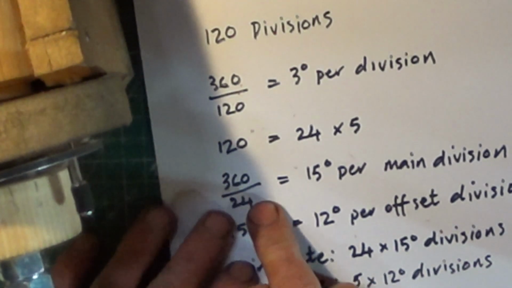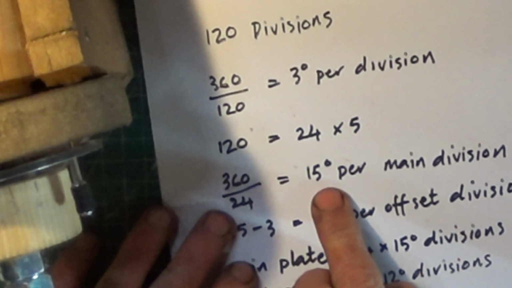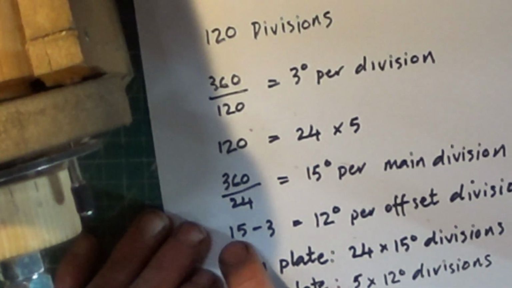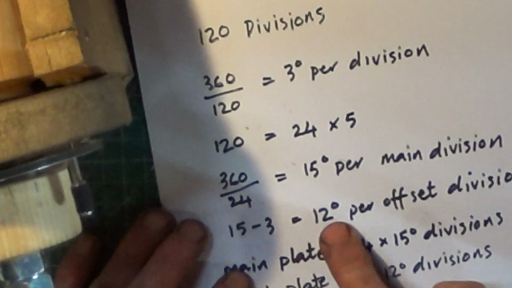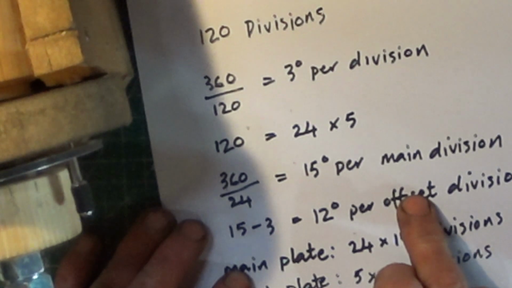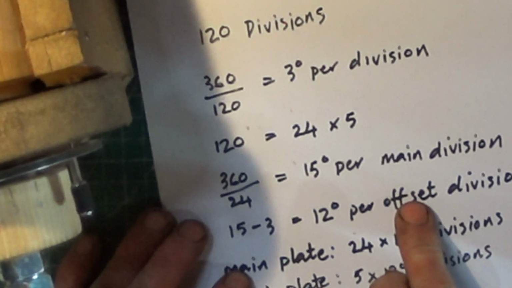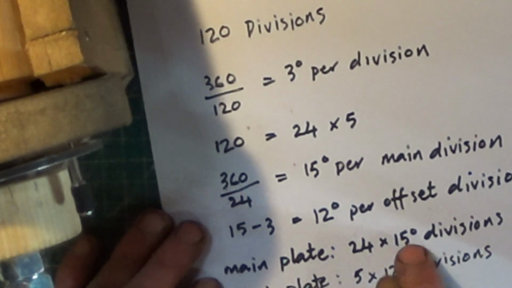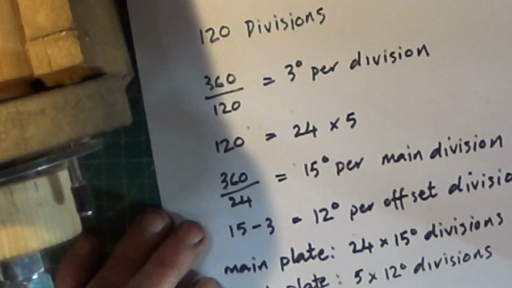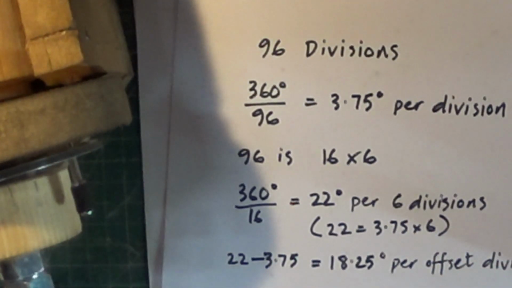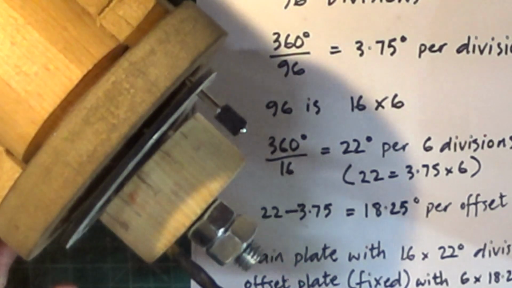Now, 360 divided by 24 is 15 degrees per division on the moving plate, and 15 minus 3 is 12 degrees, which is the offset per division on the fixed plate. So we get a main plate with 24 15 degree divisions and a fixed plate with 5 12 degree divisions. So I can have 3 plates in a very small format with a lot of variety.